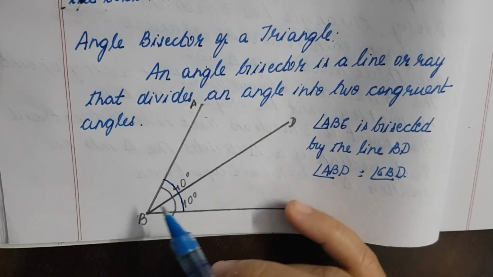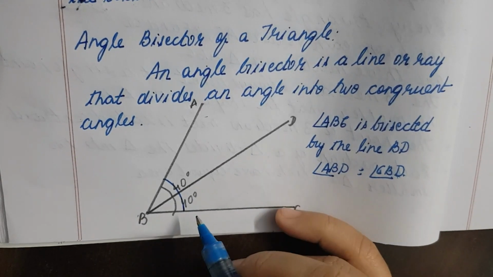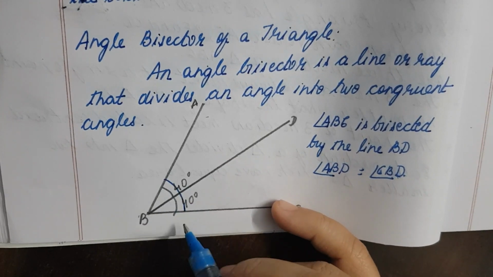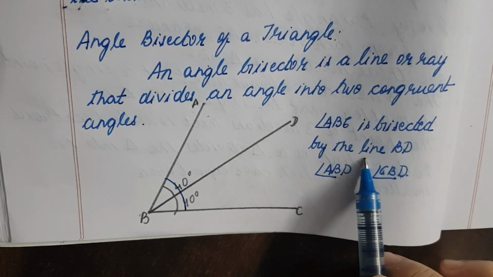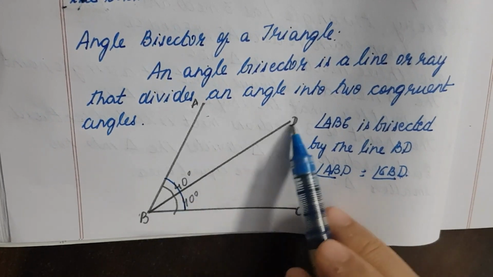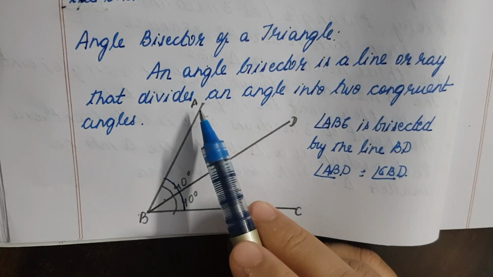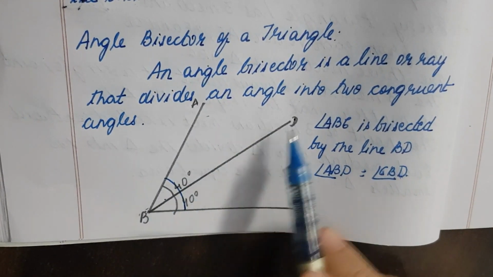But here what are we doing? A line bisects it. It is equally bisecting. So the 80 becomes 40 and 40. Okay, so the angle is bisected by the line BD. So this is the bisected line. So these are equal, right? How are they equal? ABD is equal to CBD.